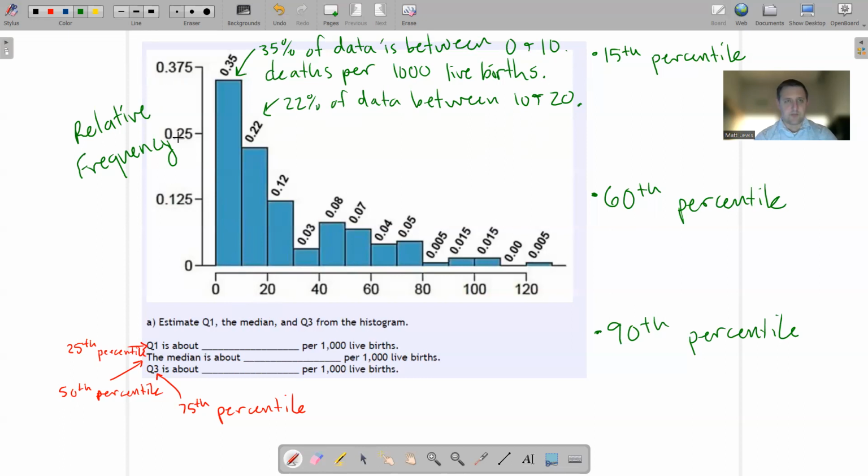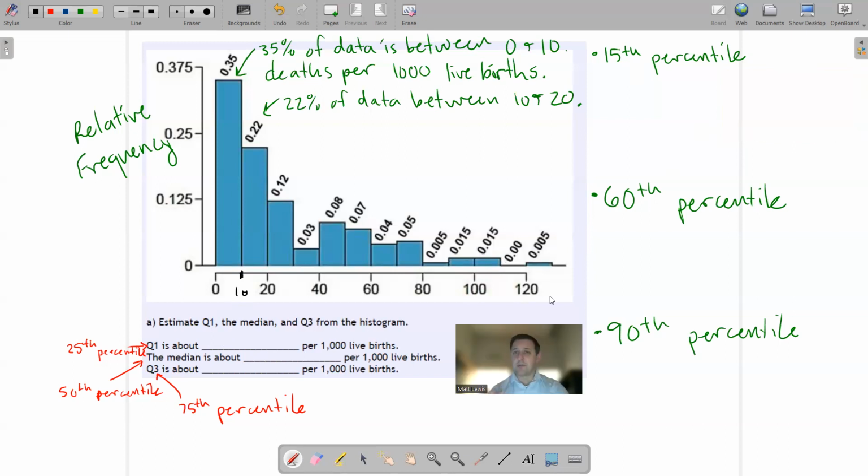And of course, 10 isn't labeled, but I can always add it in because it's exactly halfway between 0 and 20. All right, so when we go to calculate these percentiles, we have to remember that a percentile is the value at which that percent will be below you.